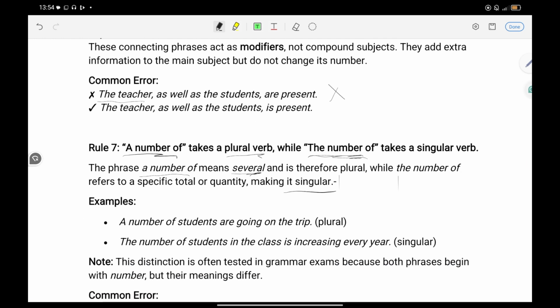So look at this. A number of students are going on the trip. So a number of students can just be described as many students are going on the trip. But if we said the number of students, it's the same as saying 60 students, because the number of refers to a specific quantity.